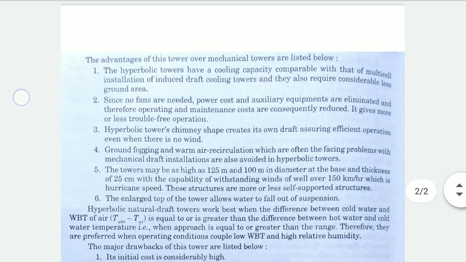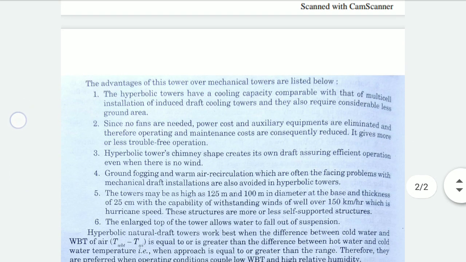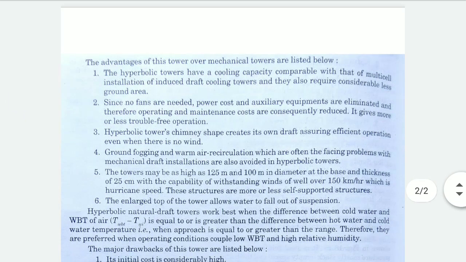Some of the advantages of this hyperbolic cooling tower are given here. It has a cooling capacity comparable with that of multi-cell installations of induced draft cooling towers, and it also requires considerably less ground area. Since no fans are needed, power cost and auxiliary equipment are eliminated, and therefore operating and maintenance costs are reduced.